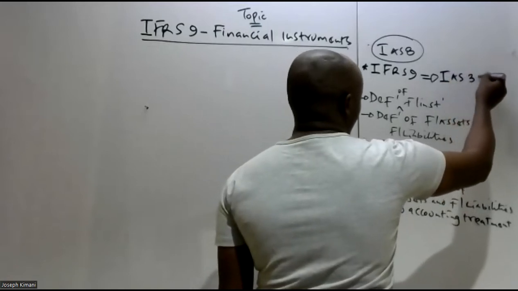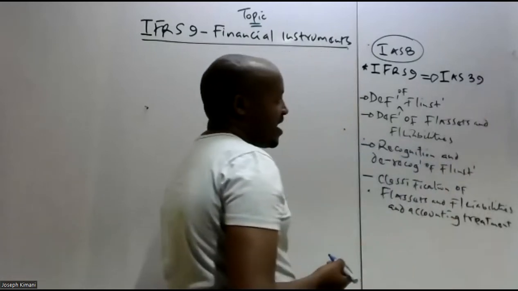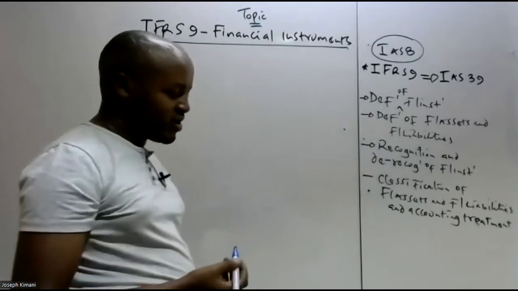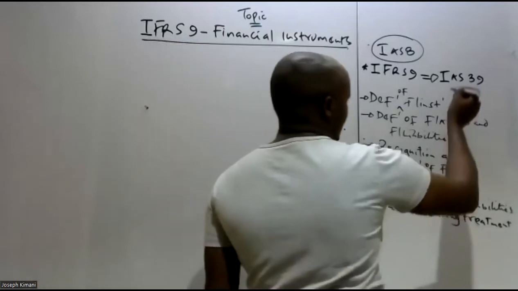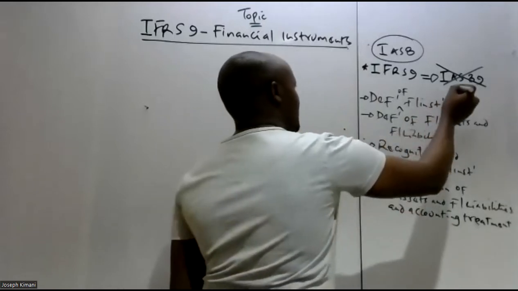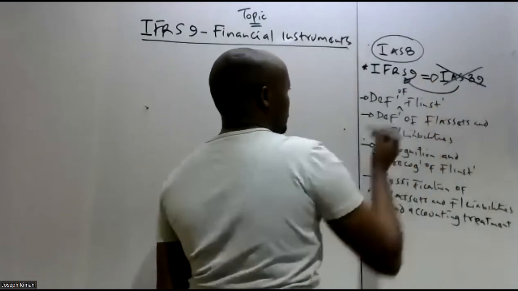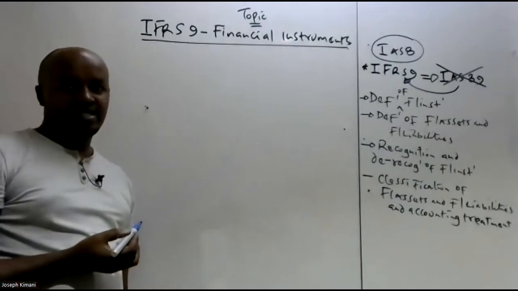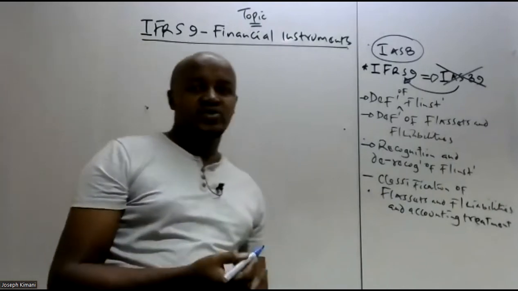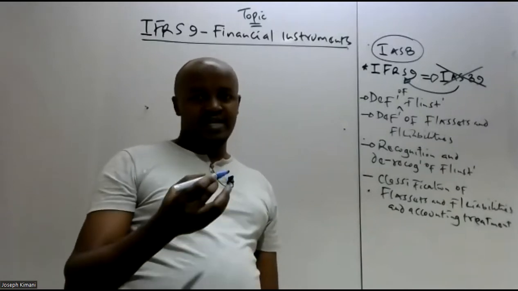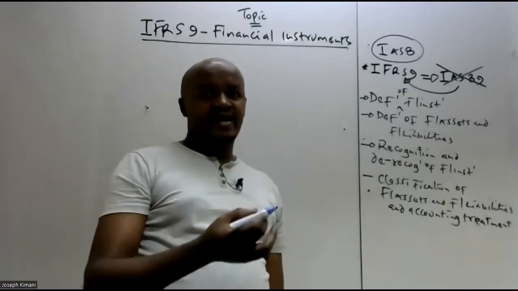Now, IFRS 9 is a new standard which was issued to replace a previous standard known as IAS 39, that is International Accounting Standard number 39. This standard has been scrapped, done away with, and replaced with IFRS 9. So currently, how financial assets and financial liabilities are accounted for is governed by IFRS 9.